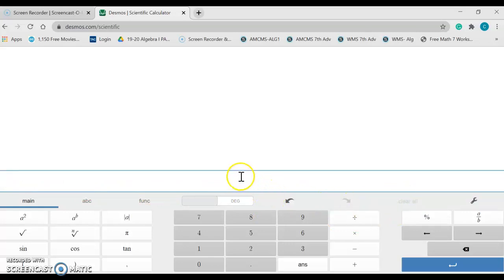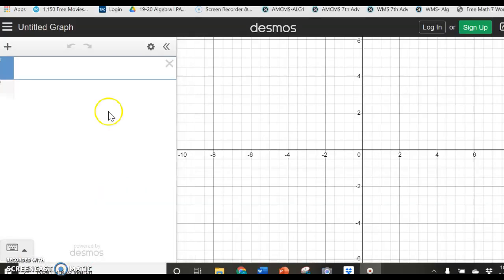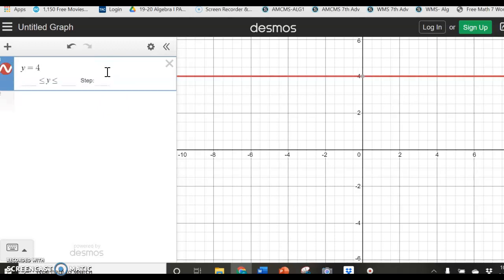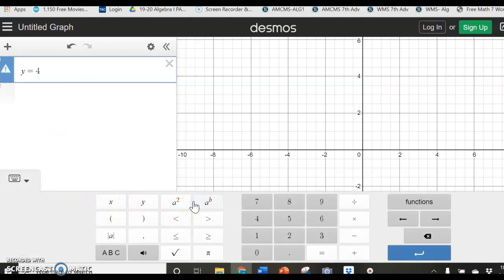The next thing we are going to do is graph each function. Now I'm going to graph some exponential functions, so I'm going to do y equals 4 to the x.